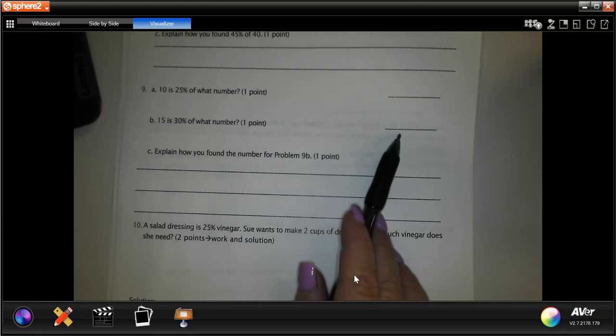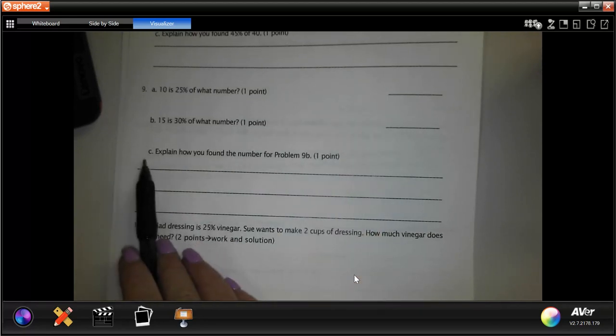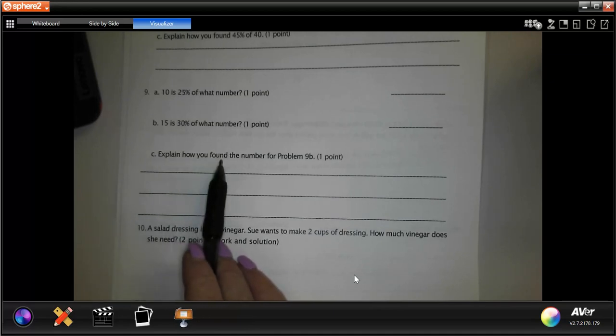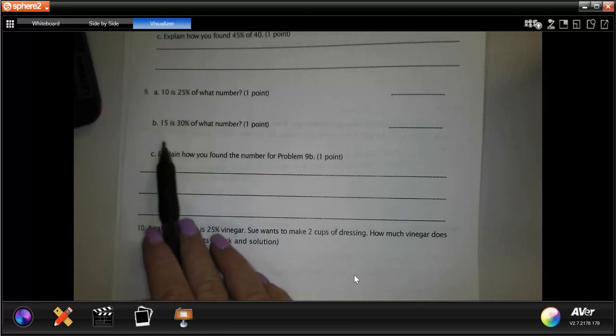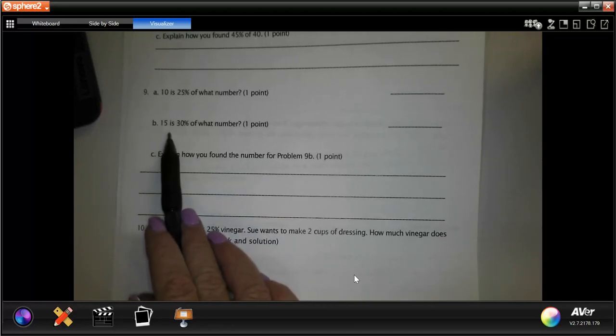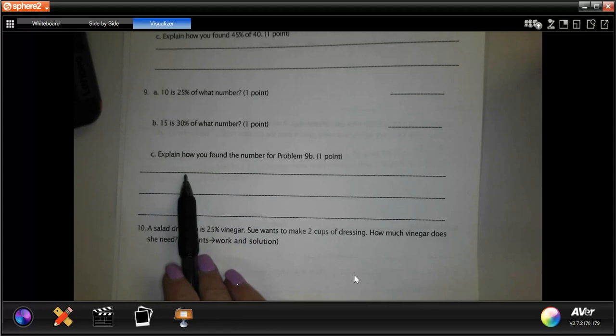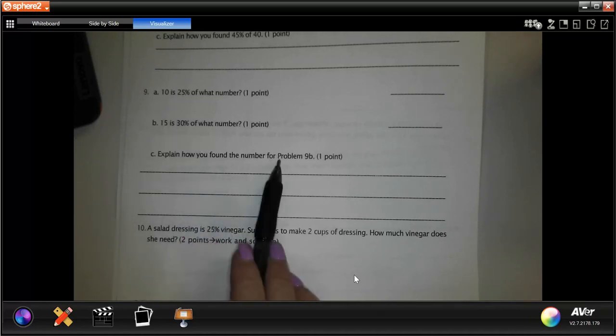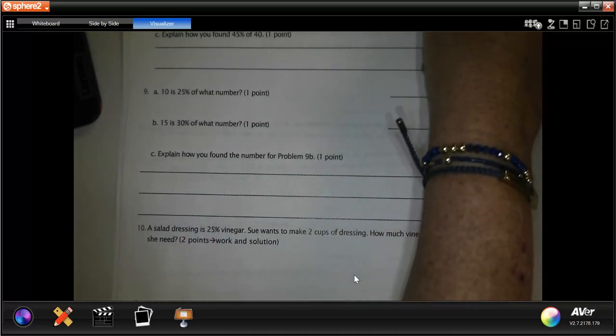Pause your video and solve. Question C is same as above. This time you say, explain how you found the number in problem 9B. So again, tell me a strategy, the math operation, whatever it is you used to solve this problem. It's worth 1 point. Pause your video and write.